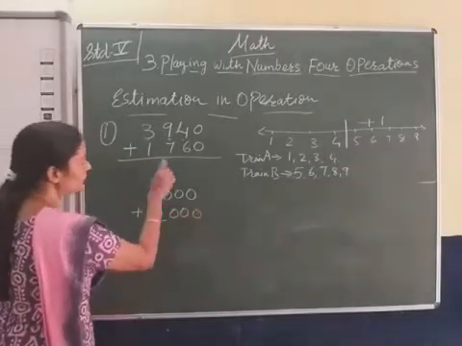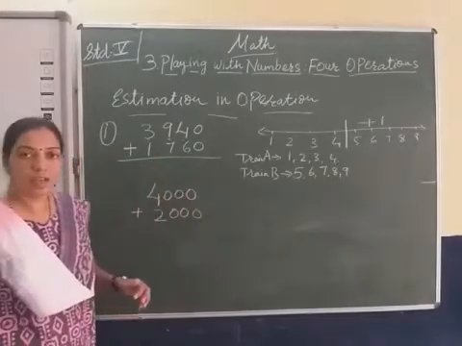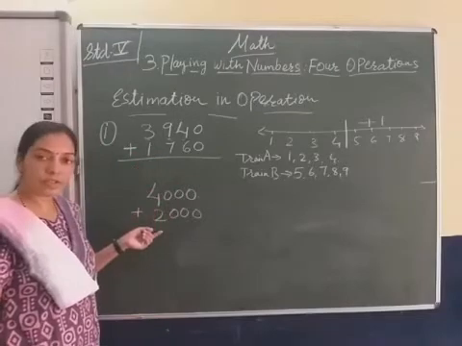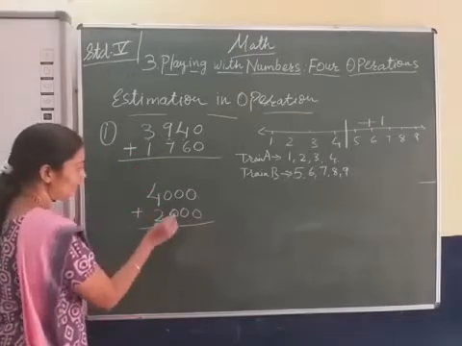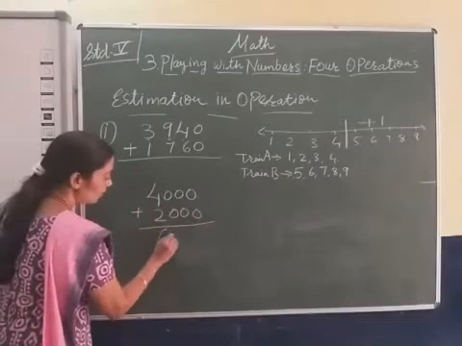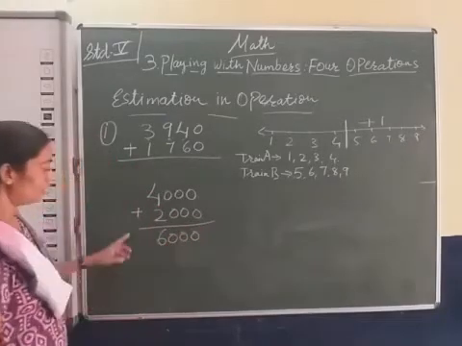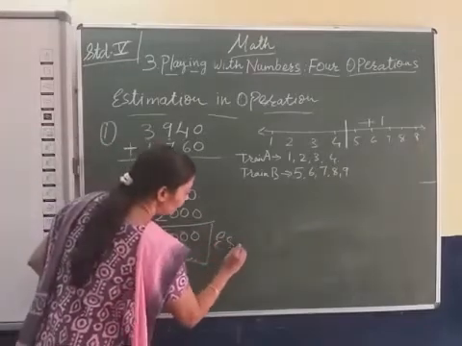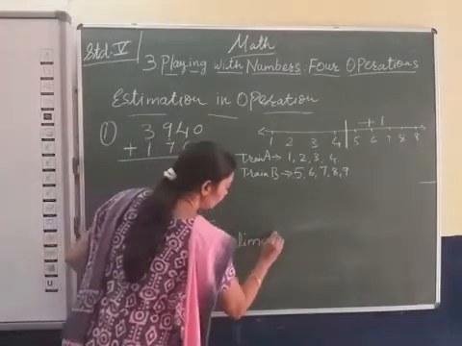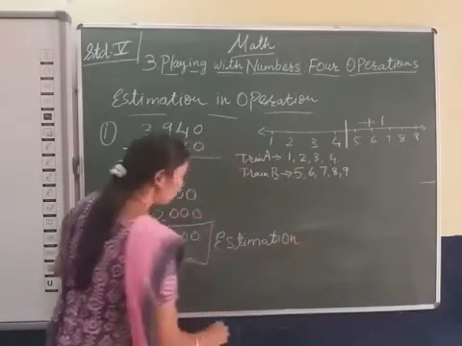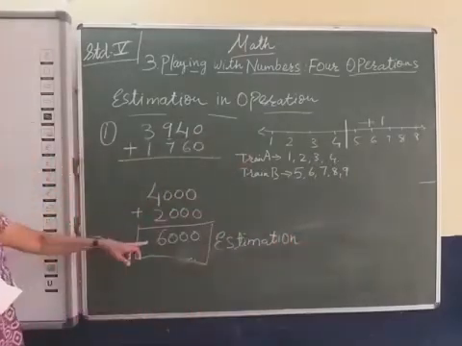The round off of 1760, the nearest 1000 figure, is 2000. Now let me see 4000 plus 2000, 6000. Yes, this is the estimated value, or we can say estimation. Yes, the estimated value is 6000.